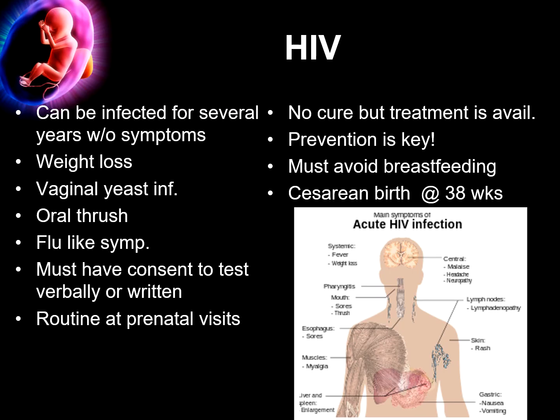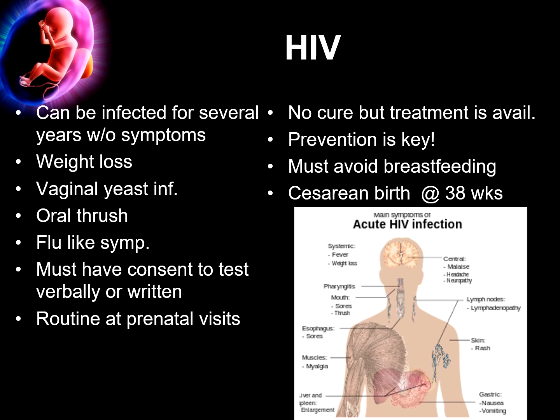And then we have HIV. A person can be infected for several years without symptoms, but some of the symptoms include weight loss, recurring vaginal yeast infections, oral thrush of the oral cavity, also flu-like symptoms.